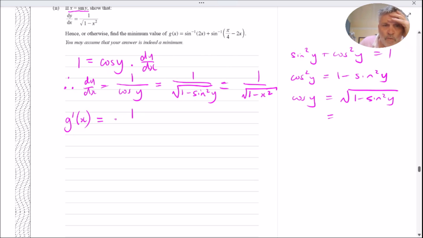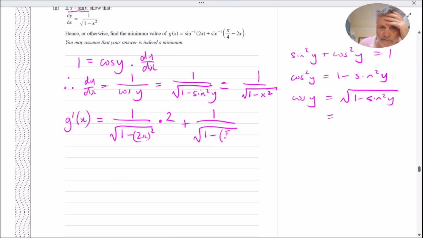So you get 1 over the square root of 1 minus 2x squared, and then you have to multiply by, using the chain rule, the derivative of what's inside, so that's 2, and then plus, same thing over here, 1 over the square root of 1 minus, now it's pi over 4 minus 2x squared, then differentiate what's inside, that's going to be multiplied by minus 2.